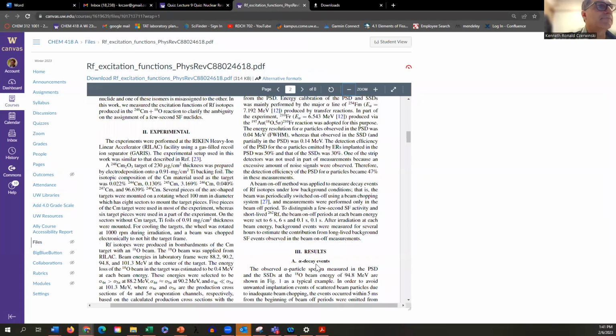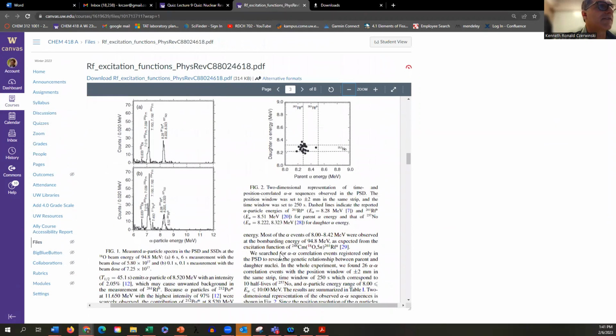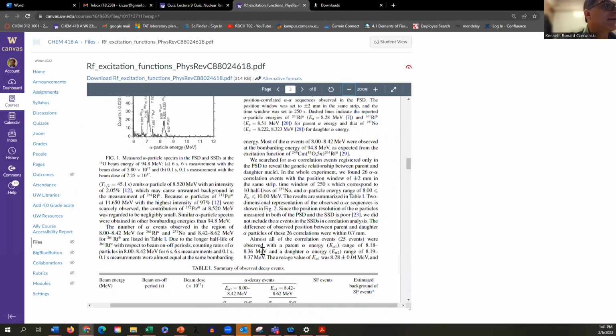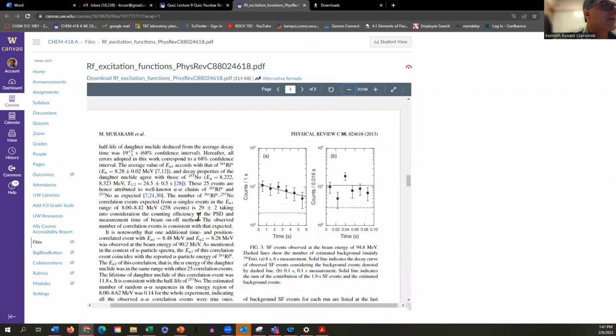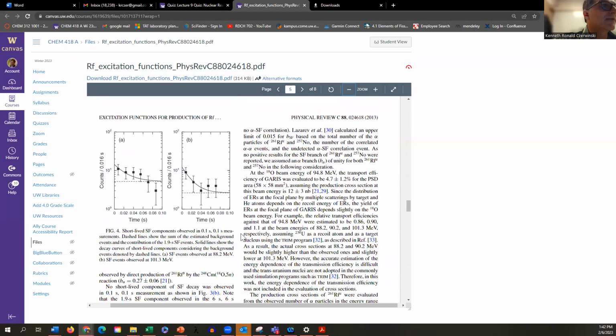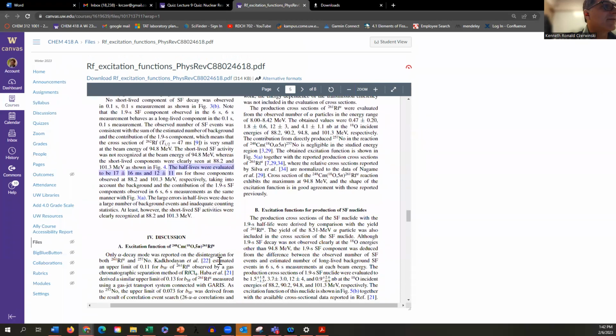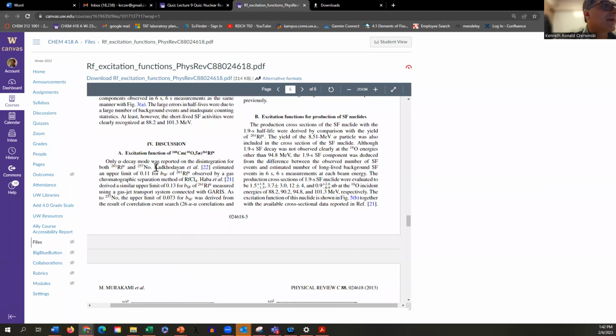could be that I believe the cross section is listed in here. Someone had answered it by reading the article, and spontaneous fission events. The half-lives were evaluated. No, that's the half-lives of the excitation function.